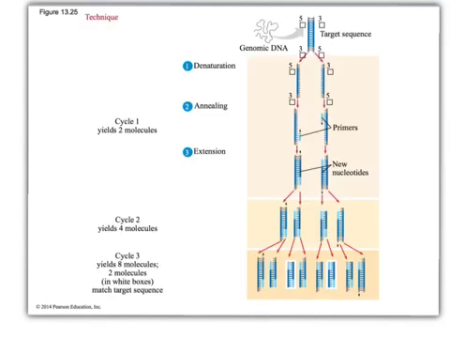I isolate DNA from my skin cells and incubate it, putting it together with that primer that I've produced that is unique to the insulin gene. Now, what do I have to do from there? Right now I have a double-stranded portion of my DNA with a primer that's unique to the insulin gene.